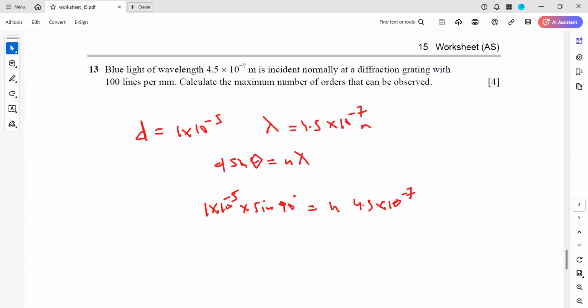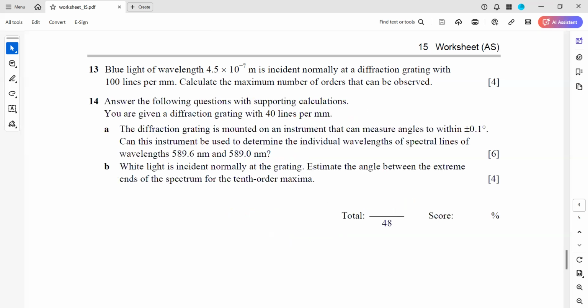What is the value for n here? n is 22.2, but n should be a whole number. So how many maximum possible fringes can we see? That is 22, the maximum possible fringes we can observe here.